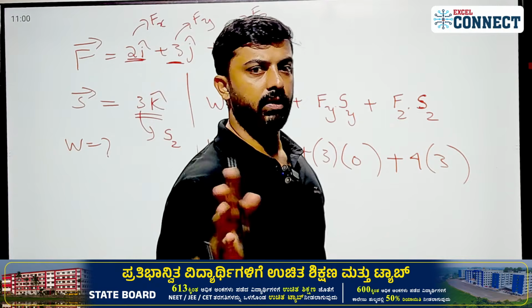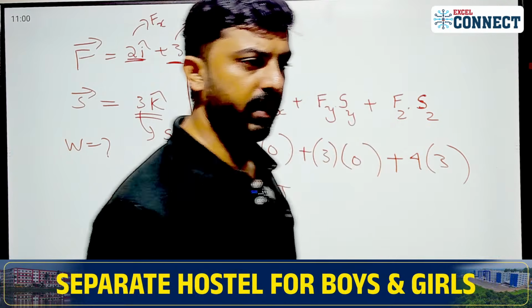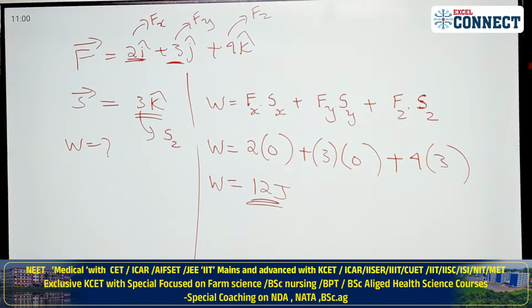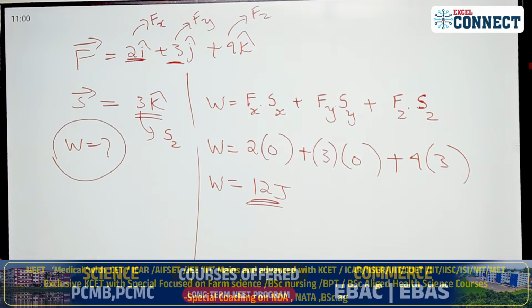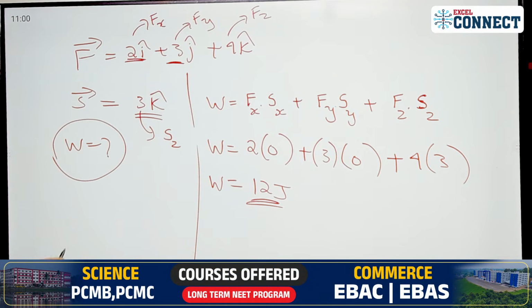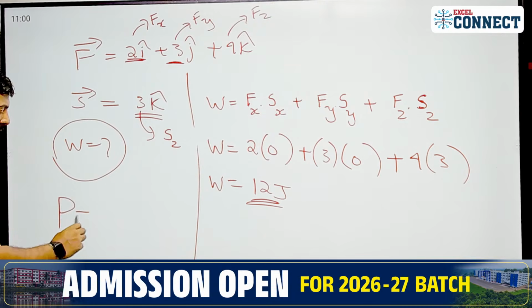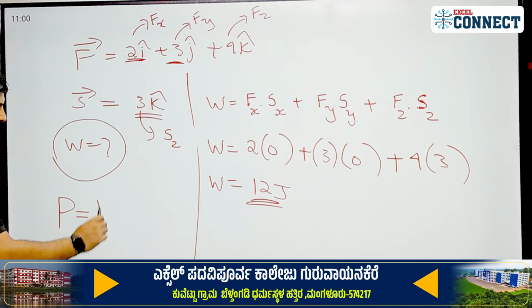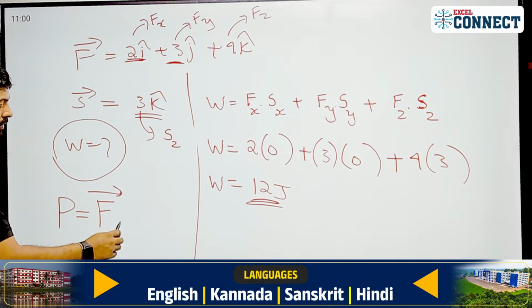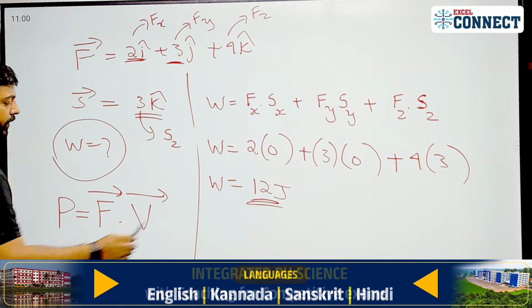How to find dot product. So where is it used? You can use it in finding work done, and also you can find power. Power can be found by the dot product of force and velocity.